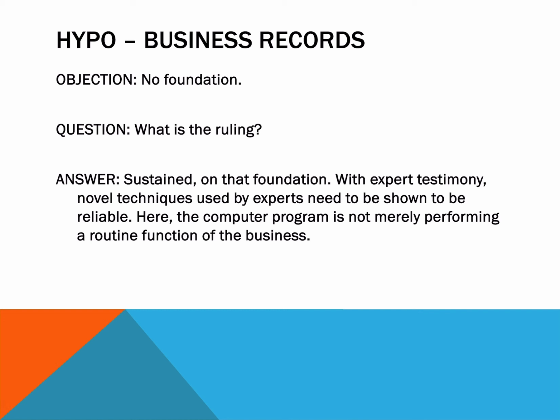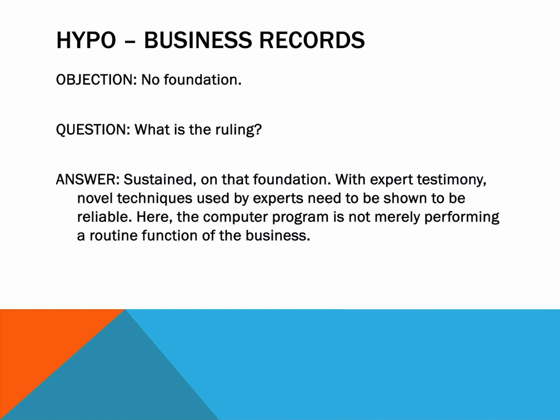So likely this objection would be sustained on that foundation alone. With expert testimony or novel techniques like what we have used here, some new program or new software that's used by experts, we need to show that they're reliable. Here, the computer program is not just performing a routine function of the business, it's doing something beyond that. It's getting new data that is not being widely used by other similar businesses or companies.